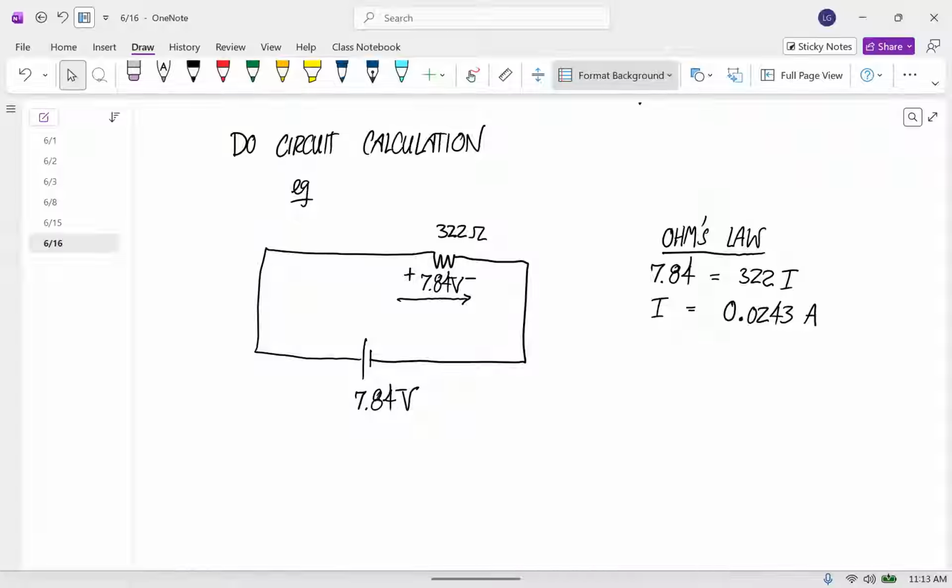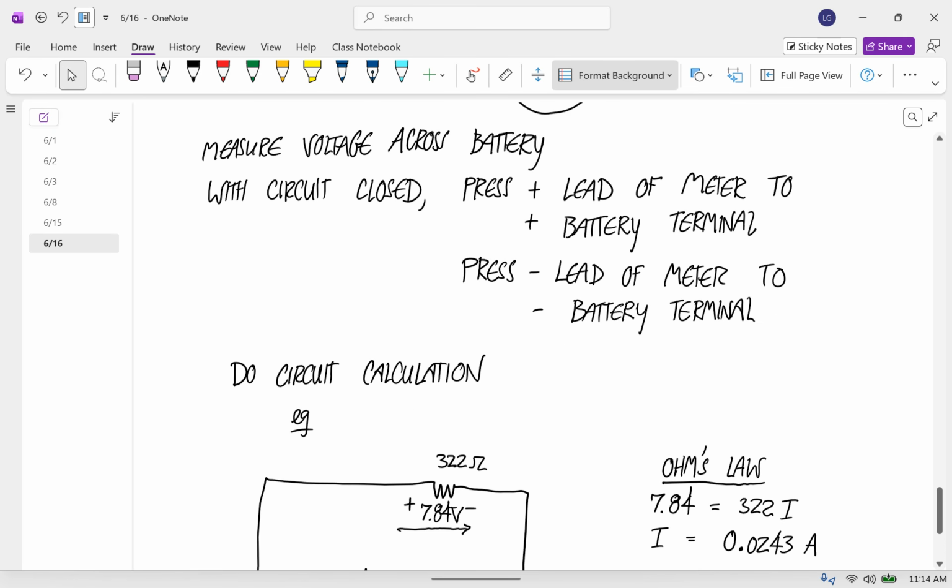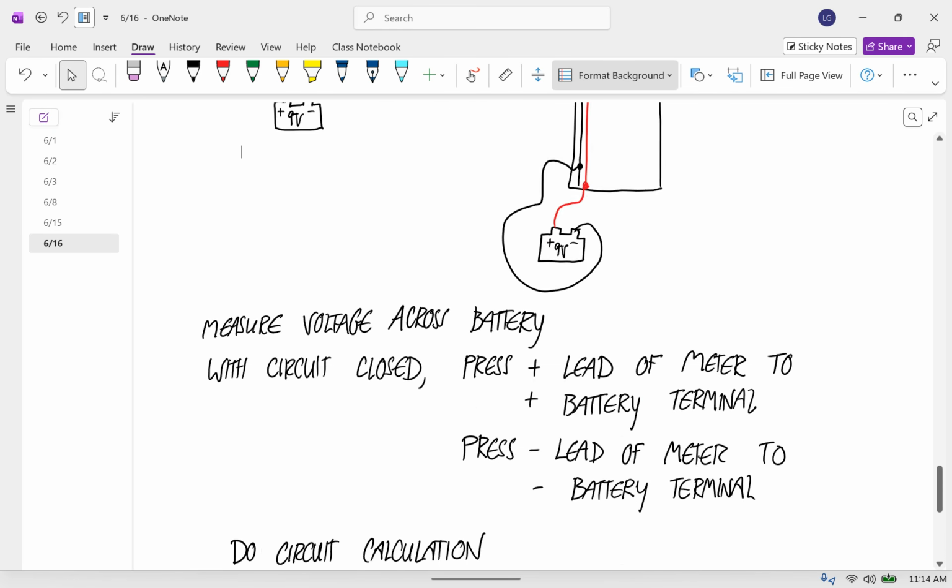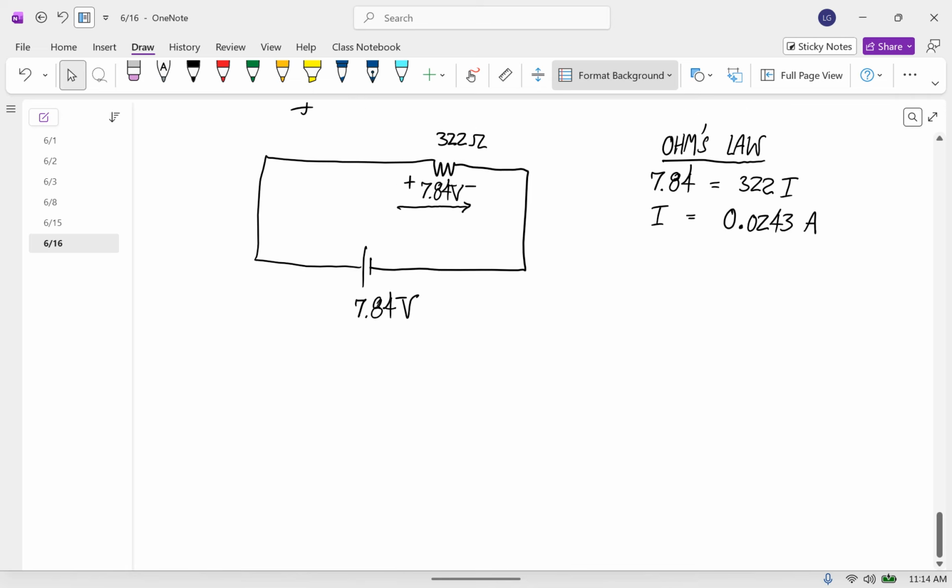Yeah. Okay, yep. So now we're going to measure the current through that resistor.